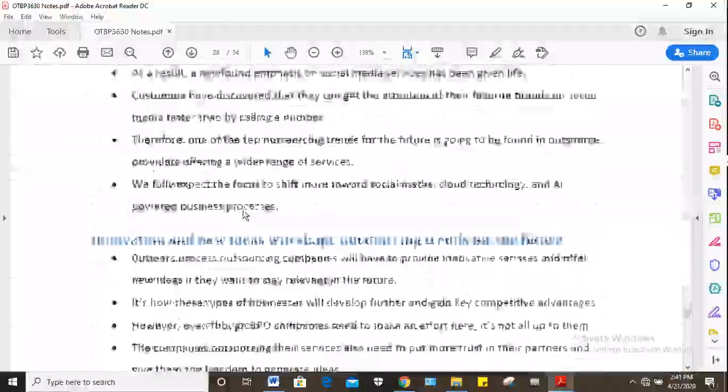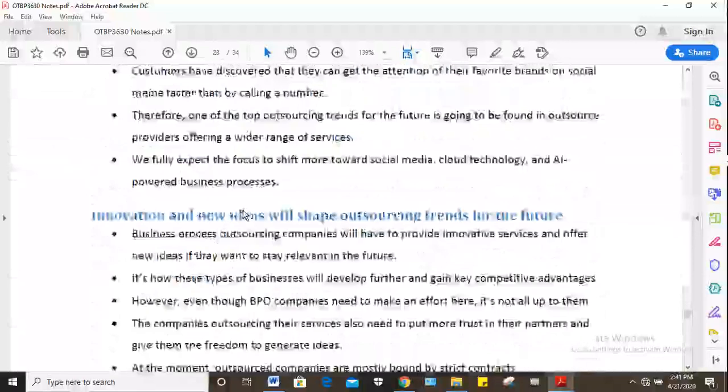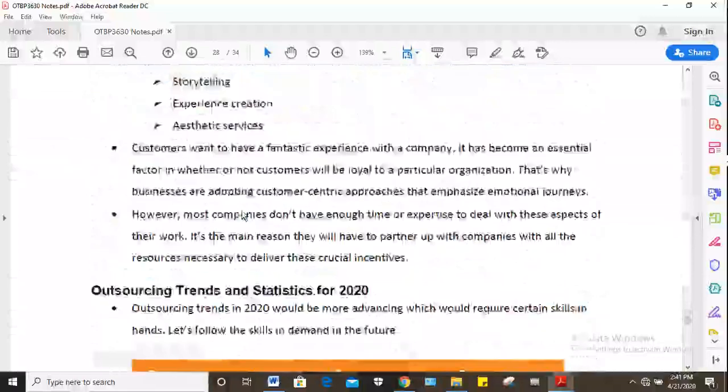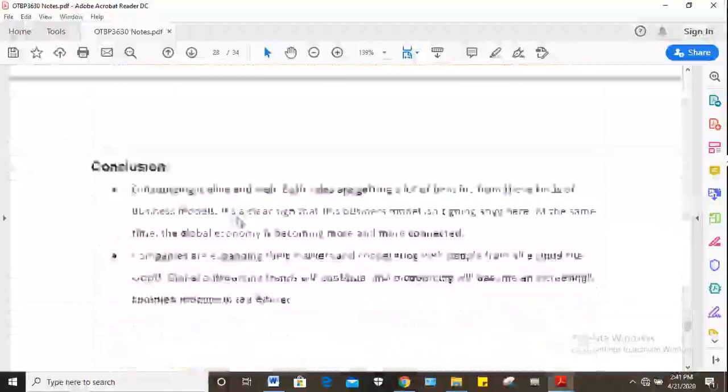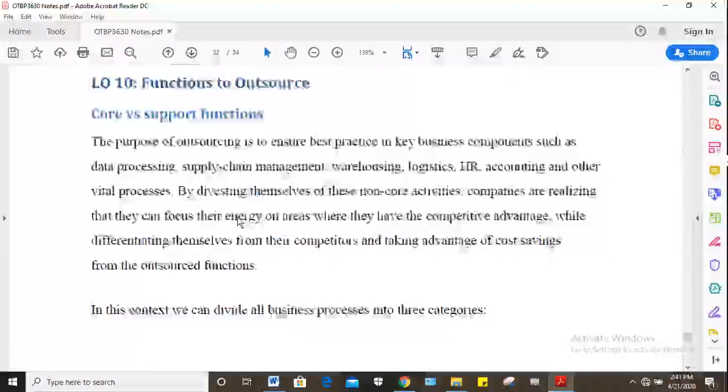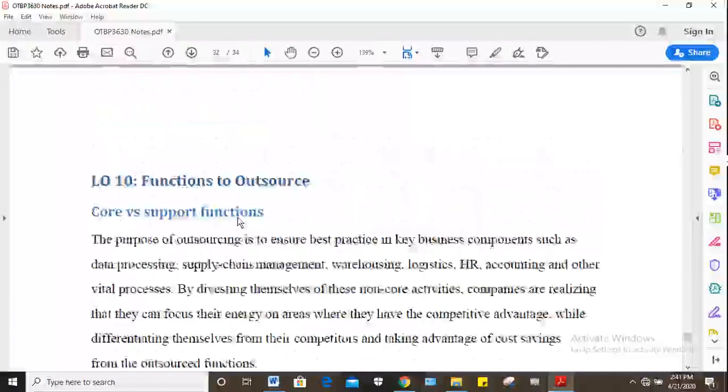Then we look at the last learning outcome, which looks at the functions to outsource. We look at what we call core and support functions. This learning outcome is very important because it covers a very important section of your assignment. So the key is to be able to identify what we call the functions in a business.